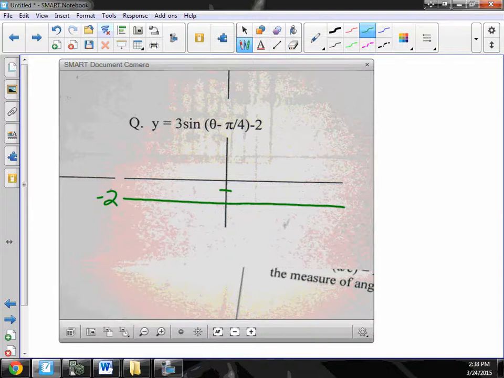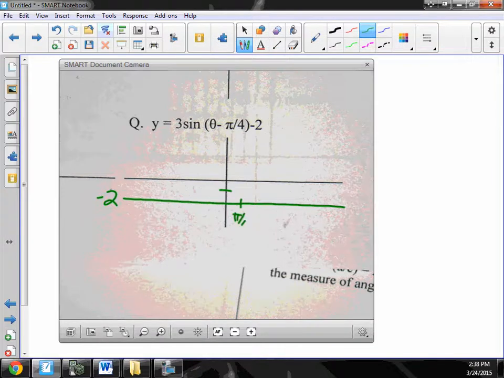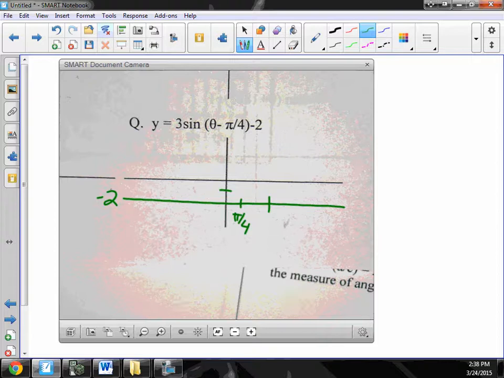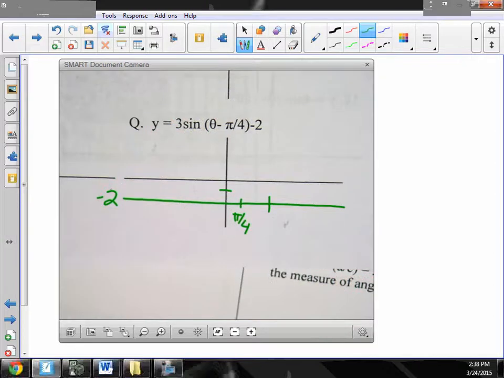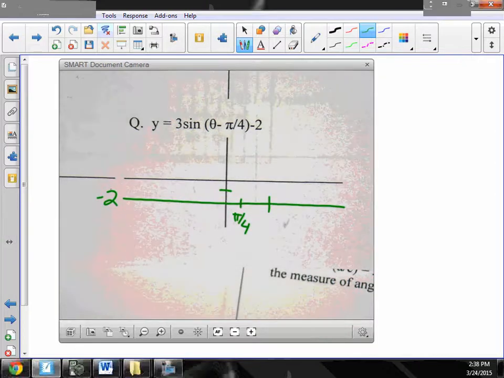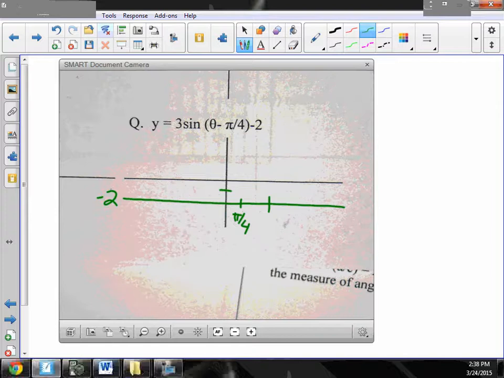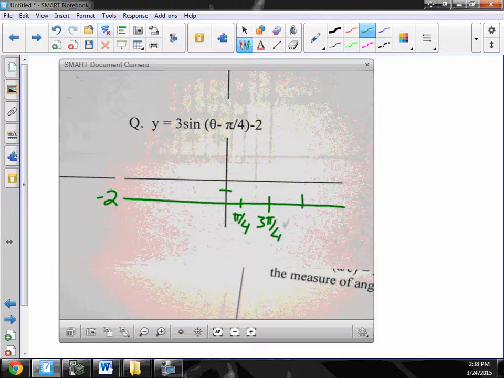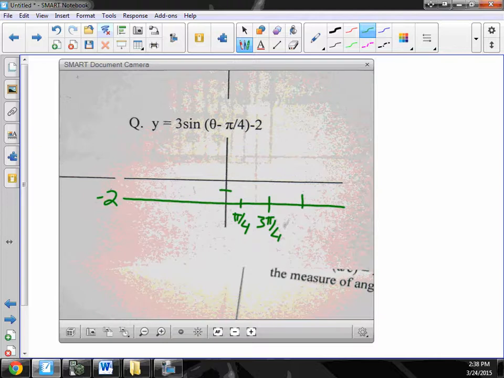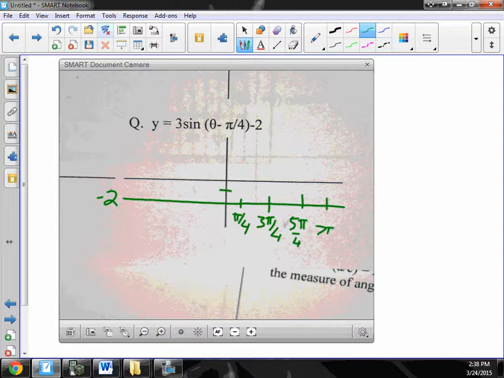And my first critical point is pi over 4. How do I find my next critical point? Add 2/4, which is pi over 2, pi halves. So 2/4 would be 3/4 pi. The next one's going to be 5/4 pi. 7 pi over 4. And 11 pi over 4.